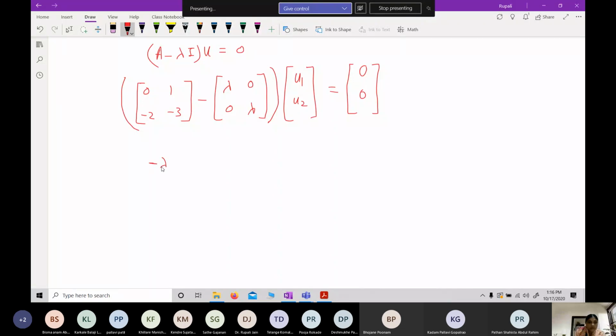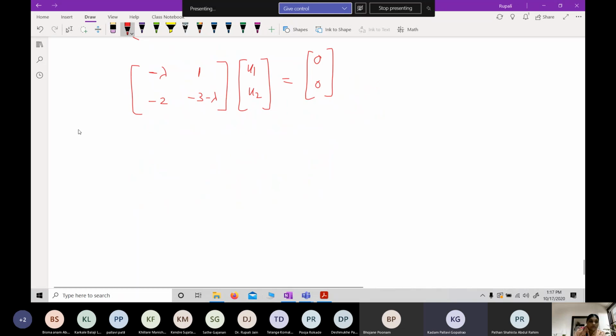Minus lambda, 1, minus 2, minus 3 minus lambda, times u1, u2 is equal to 0, 0.